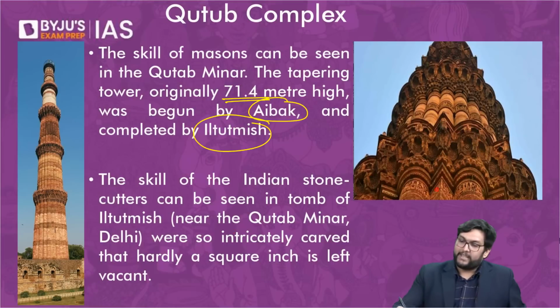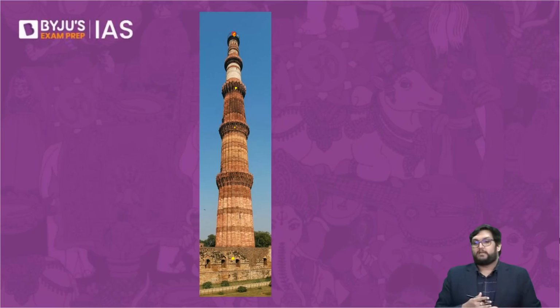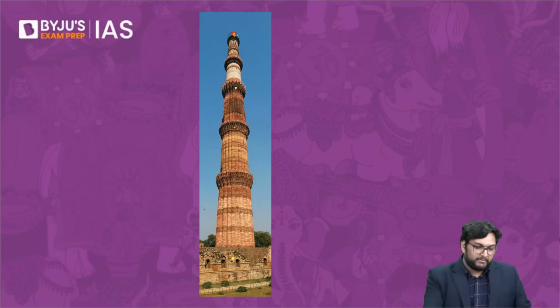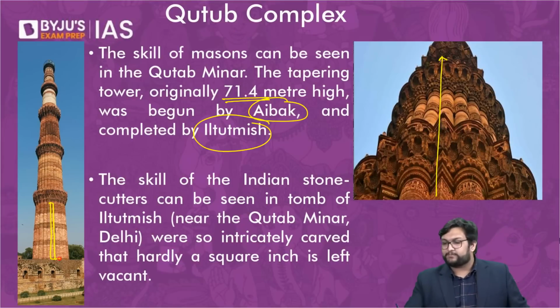But no, it is made in such a way that from this point you can see till this point. Second thing is that the whole minar is not plain. It is actually ribbed. Ribbed means that there are basically columns like this. This is called ribbing. And on these ribs, there is profuse decoration.